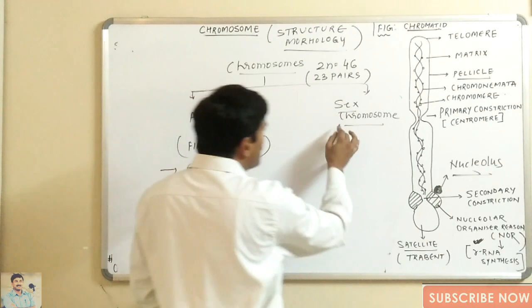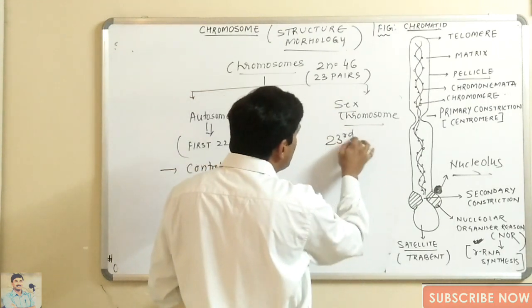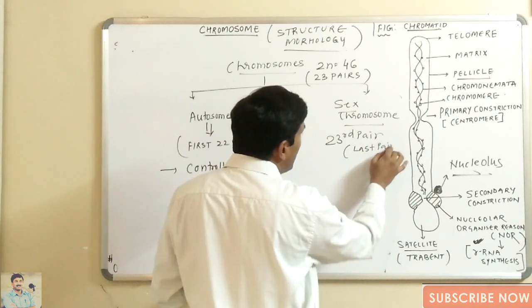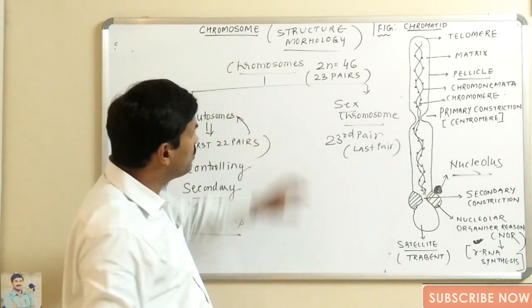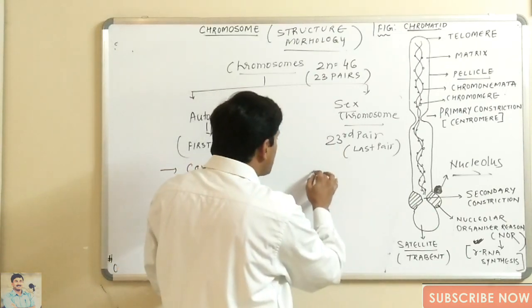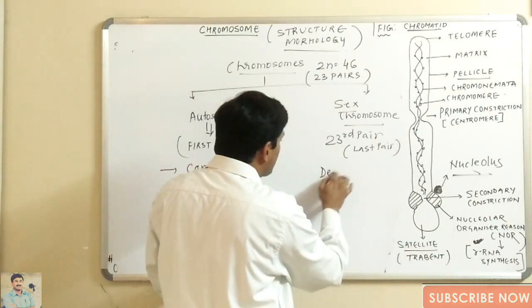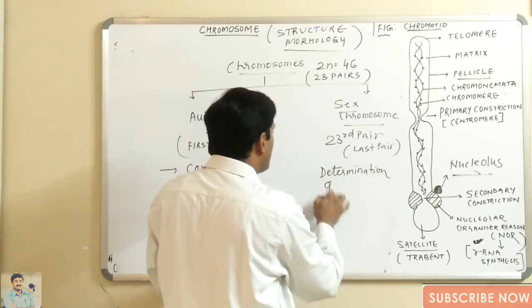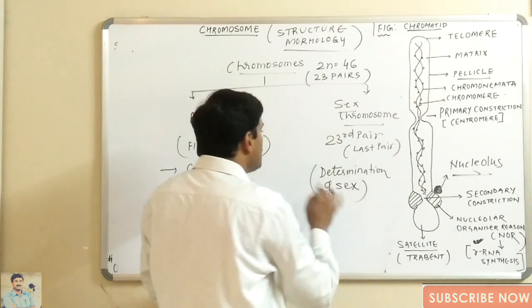But the sex chromosome is the 23rd pair of the chromosome, that is the last pair. If we talk about human beings, the last pair, the 23rd pair, is the sex chromosome, and it is responsible for the determination of sex. What is the chief role of the sex chromosome? That it is important for the determination of sex.